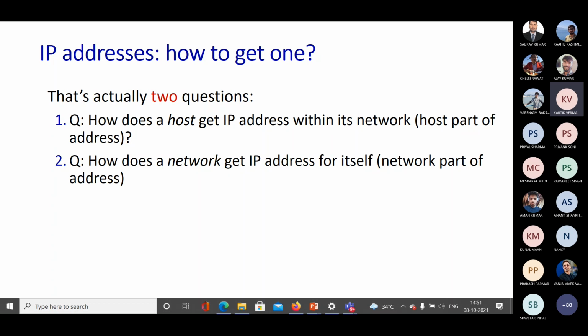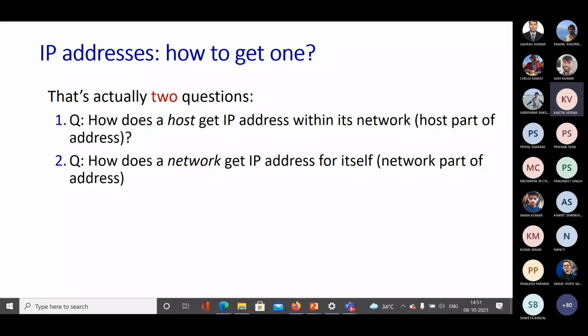Now, the question that has been posed here is, how do we get an IP address? This question itself asks two more questions. How does a host get an IP address within its network? That means, how do we get that host part of the address? We are saying that we have a subnet part and then we have a host part. If I just put a device in any subnet, I can get the subnet part, right?